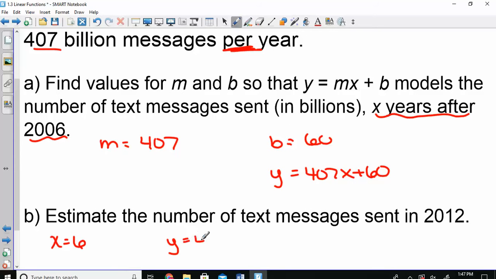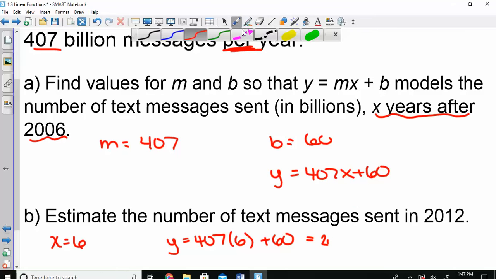So if we plug in. And my text messages, my y is measured in billions.